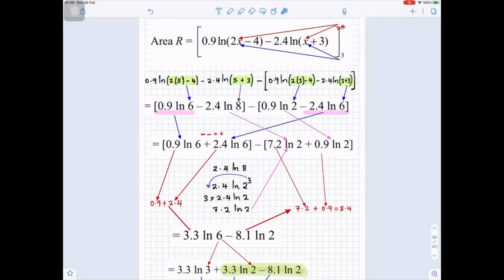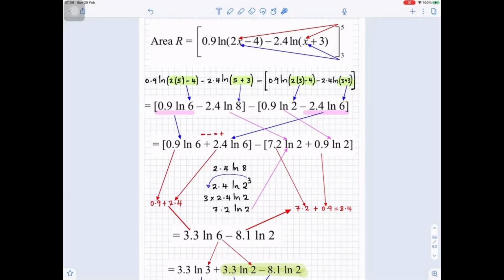You substitute 5 in there and 5 in there. After that, put 3 and you put 3. When you put 5, you get all of this expression at the top. 2 times 5 is 10 minus 4 is 6. 5 plus 3 is 8. 2 times 3 is 6 minus 4 is 2. 3 plus 3 is 6.